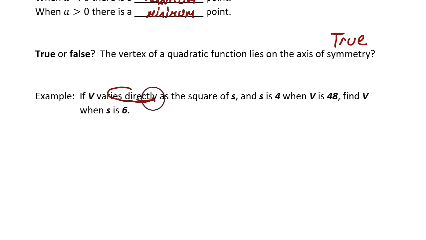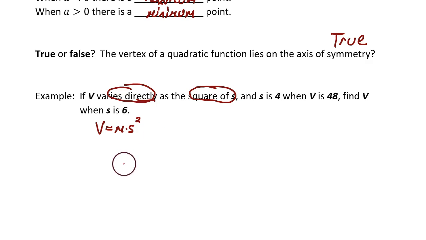We have a varies directly situation. There are two ways to address this. One is with the model, where one variable is equal to m times the other variable. And we're told that v varies directly with the square of s. So this would be s squared.